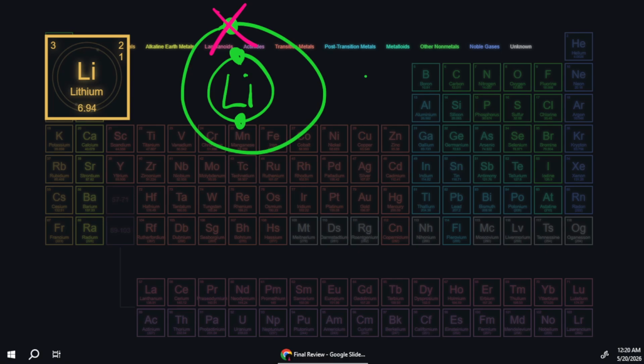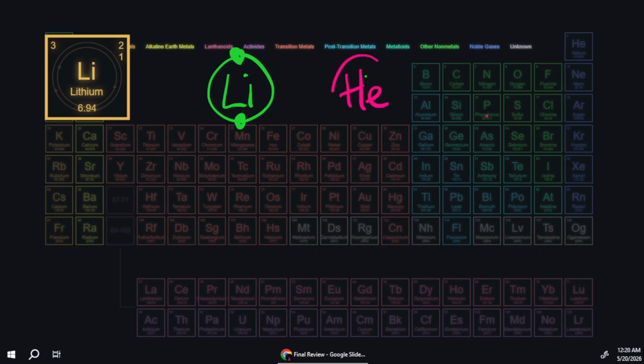So it will look like this, just like a noble gas, helium. That's what helium looks like, and helium is happy. So lithium can be happy just like helium by losing that 1 dot. That's why elements form ions, because they want to lose their electrons so they can be happy.